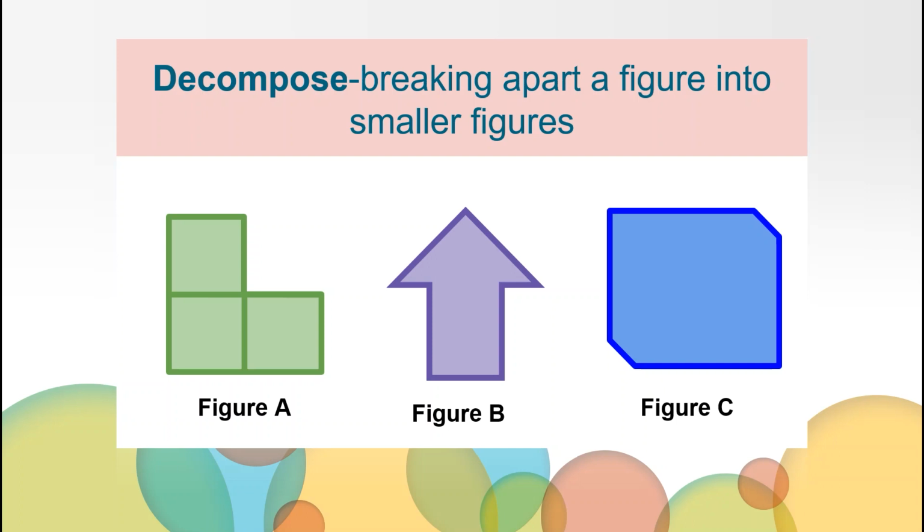You might have decided to draw a horizontal line here to break it into a triangle and a rectangle. Did you decompose it the same way, or did you find a different way?